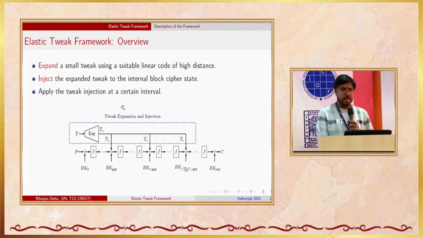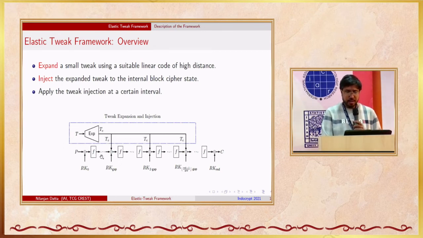So let's look at the basic design overview. You have a short tweak, and you expand it to a long tweak. Then, at a certain interval, you inject this long tweak. For AES, maybe after every 2 rounds, you inject this whole tweak into the state. You just inject the same extended tweak everywhere.